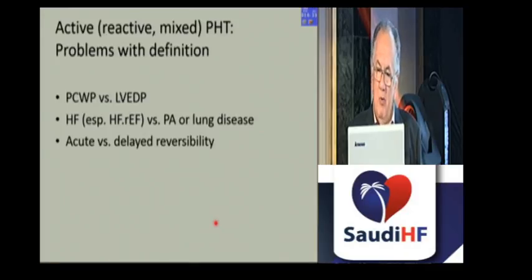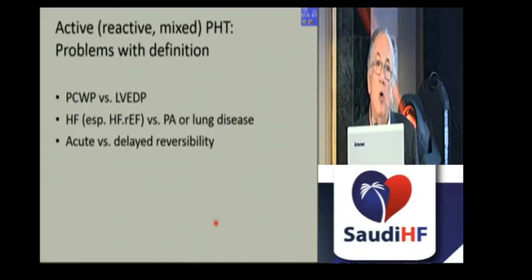The capillary wedge pressure versus the left ventricular end diastolic pressure, heart failure versus combined etiology or pulmonary hypertension due to other lung disease, particularly with a preserved ejection fraction, and acute versus delayed reversibility, because many patients who prove to be poorly responsive to vasodilator therapy on an acute basis will later on respond.